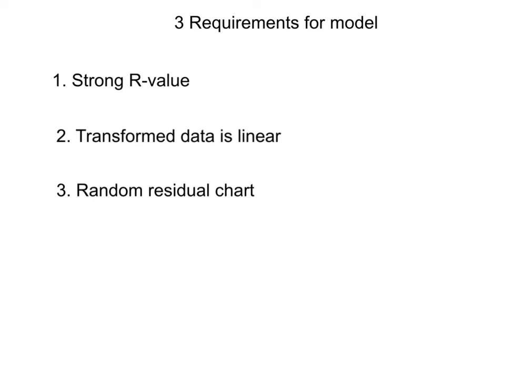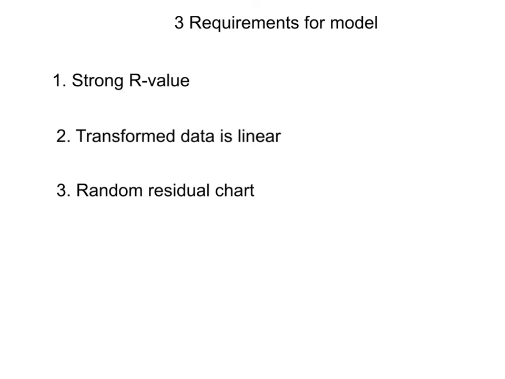Then there are 3 requirements for any of these nonlinear models. The first requirement is that you have a strong R value. As we learned before in chapter 3, an R value is just showing correlation between data. It doesn't mean anything as to whether it's linear or nonlinear.